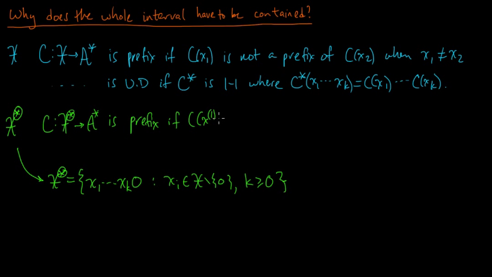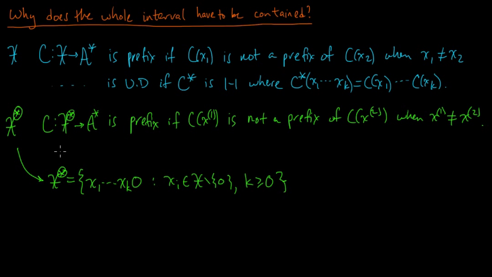Now let me put superscript 1 to distinguish from here. The X subscript 1 was a single source symbol, and let me put superscript 1 to denote one of these whole sequences. So C of X superscript 1 is not a prefix of C of X superscript 2, as long as X1 and X2 are different sequences.